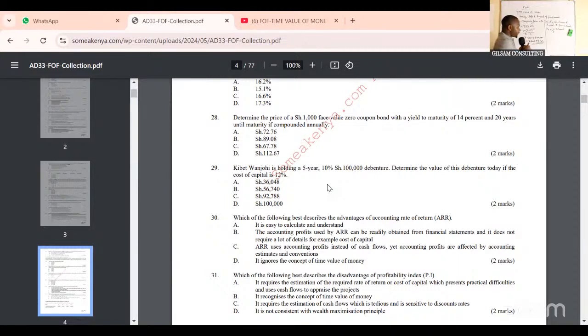Then now we have to look at something called the loan amortization. If you look at your syllabus, tunaitwa loan amortization schedule. Mko na loan? Hamna loan?